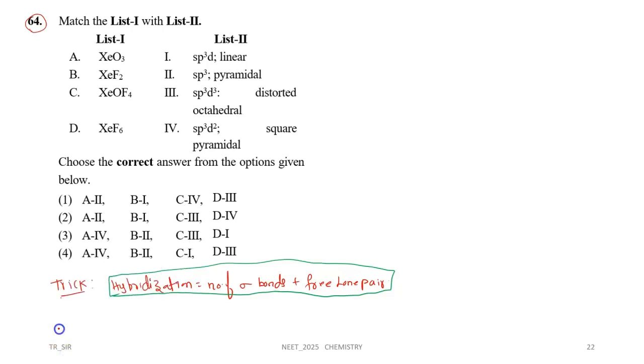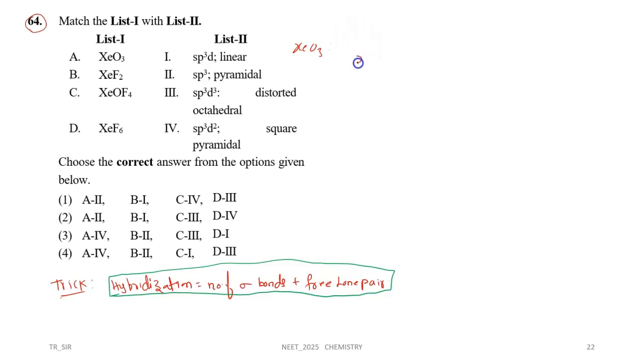Suppose the first compound given is xenon trioxide. Xenon belongs to the 18th group, so it has 8 electrons in its valence shell.